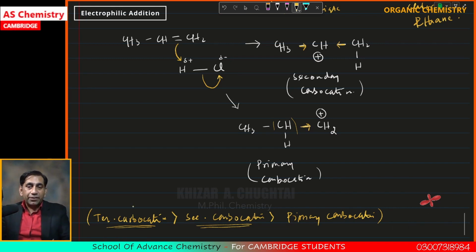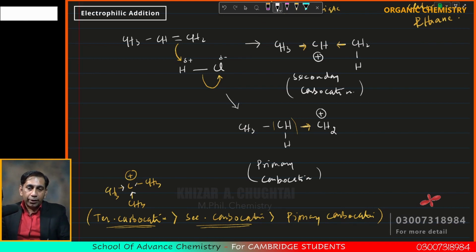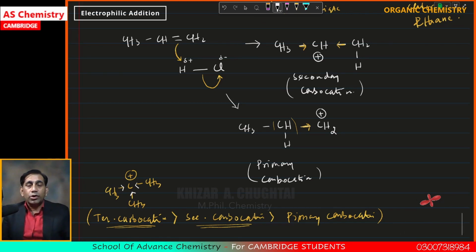And in the case of tertiary, whenever it is going to be formed, this is called a tertiary carbocation. You can see that here are three groups that are donating electron to this central carbon. So three groups are going to compensate the loss of electron of this carbon. So that's why this will be more stable.